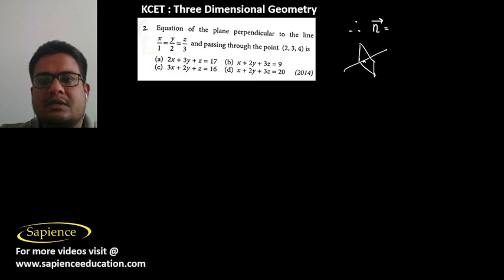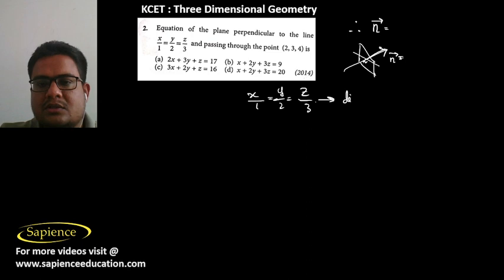So this line is perpendicular to this plane. So the normal vector to this plane will be the same as the direction ratio of the line. The line is x by 1 equal to y by 2 equal to z by 3. So the direction ratios of the line are 1, 2, 3.